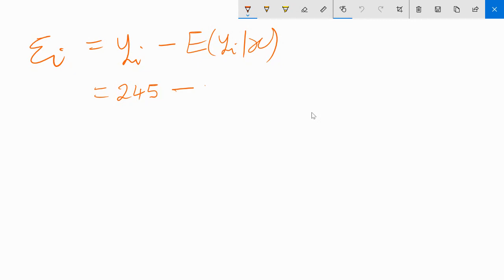Yes. Thank you. We said our function is yi equals beta 0 plus beta 1 xi, this is the constant term, plus the error term.